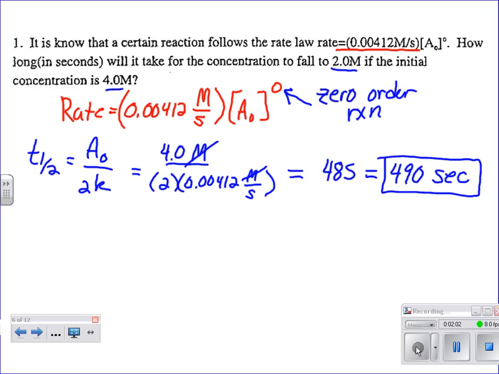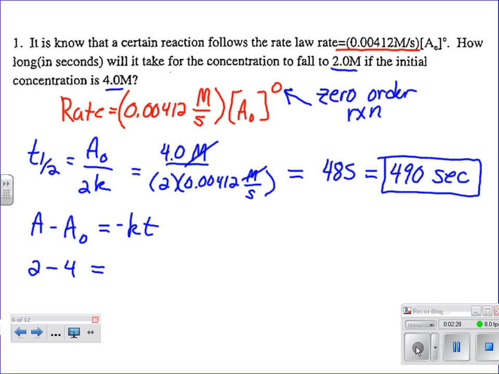Great way to do the problem. Let's say you don't like that because maybe you're second guessing your ability to memorize and understand or derive that half-life equation. There is no reason you can't just use the given equation, which for a 0 order reaction is going to be A minus A naught equals negative KT. So again, we plug in our information. I'm not going to write my units down in this example because it'll give us the same thing.